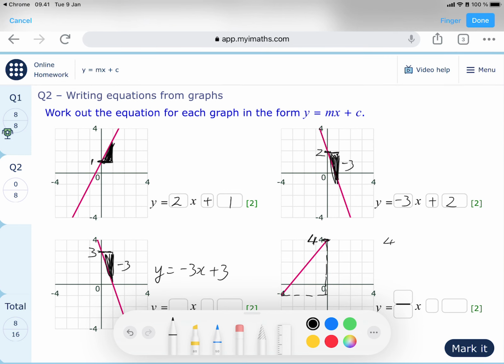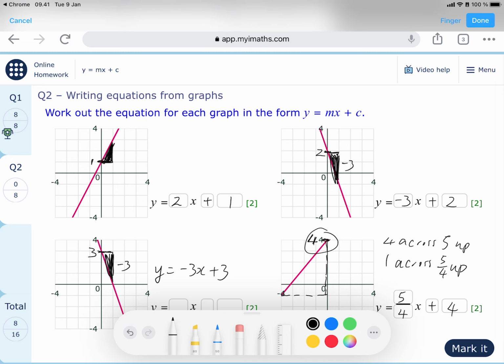So for every 4 across, it's going 5 up. So for every 1 across, it must be going 5/4 up, just dividing everything out by 4. So the gradient is 5/4. So it's going to be y equals 5/4x in the equation. And then it cut at 4, so it's going to be plus 4.